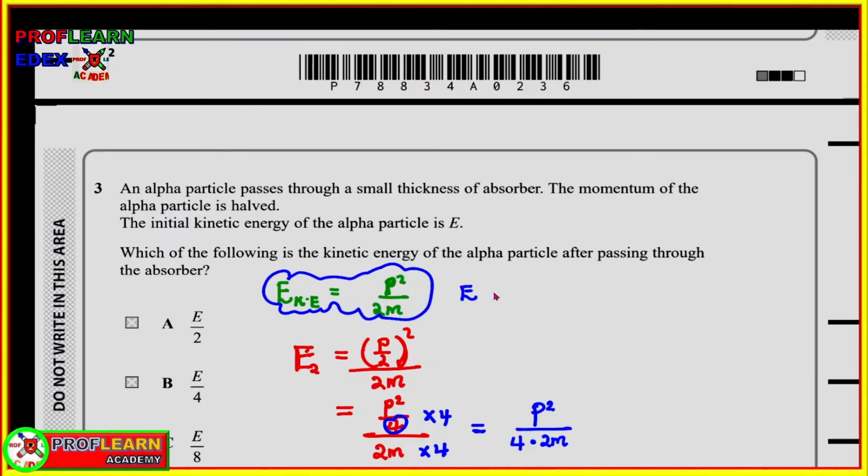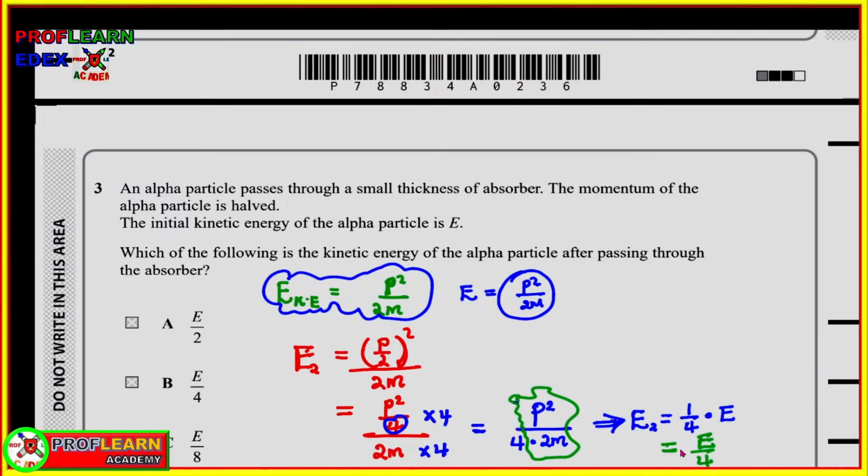Therefore, if the initial kinetic energy was equal to P squared over 2m, then I can say P squared over 2m is E. So which implies that our new kinetic energy is going to be 1 over 4 times E, because this part that we have here is basically E. So finally our answer now becomes E over 4.